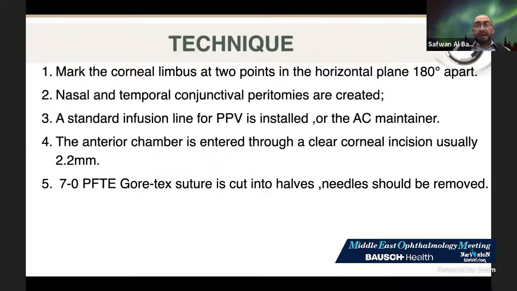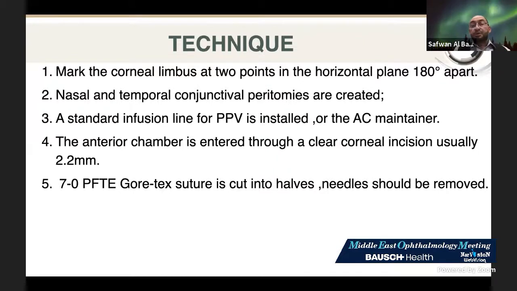Now, if we go to the technique, I will discuss it in detail later in the movie, but here are a few points. Mark the corneal limbus at 180, meaning at 3 and 9. Nasal and temporal conjunctival peritomy. Well, I didn't face any trouble with the nose of the patient; maybe the noses of our patients are small compared to others.